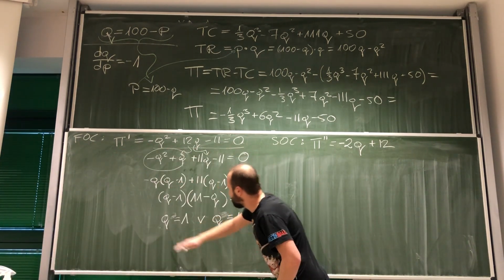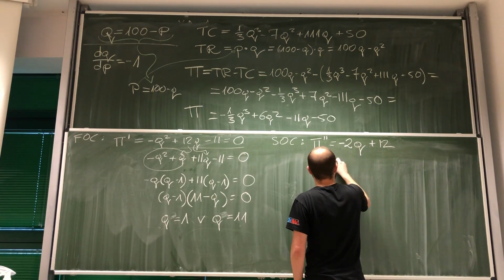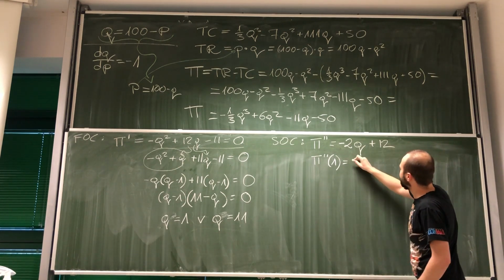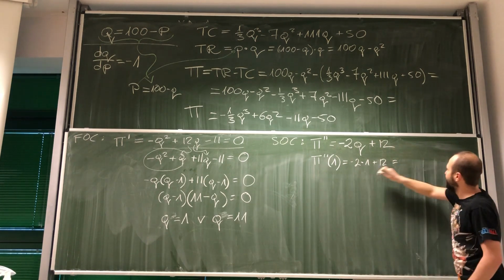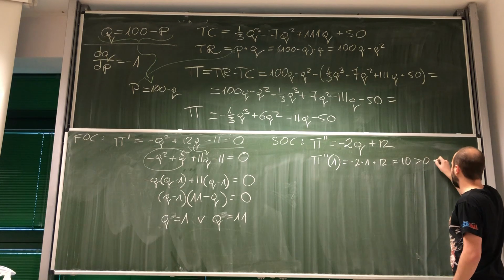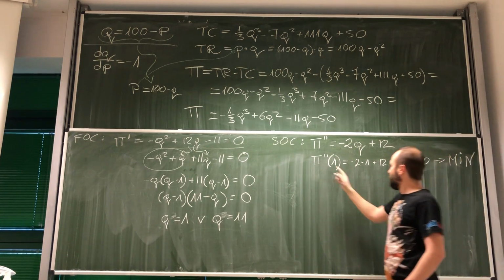I'm going to start with q equal to 1. Now, if q is equal to 1, then we've got that this is minus 2 times 1 plus 12, or simply 10. If the second derivative is positive, it means we have a minimum.